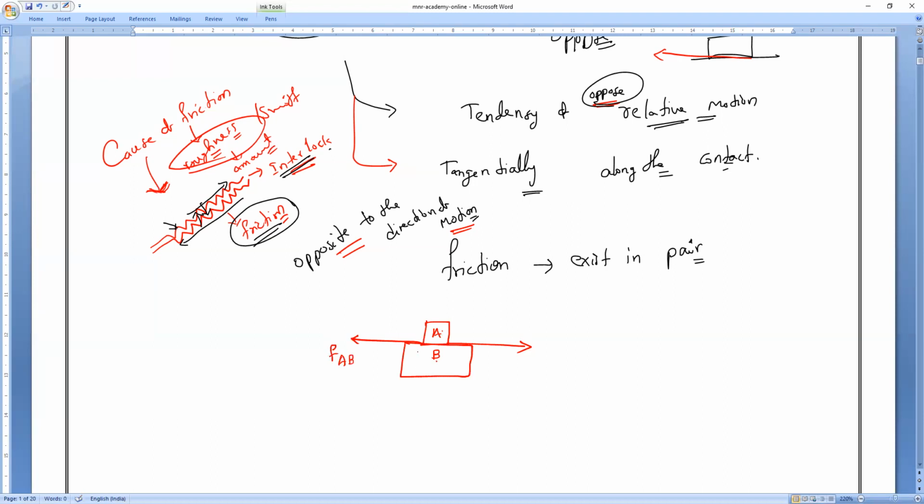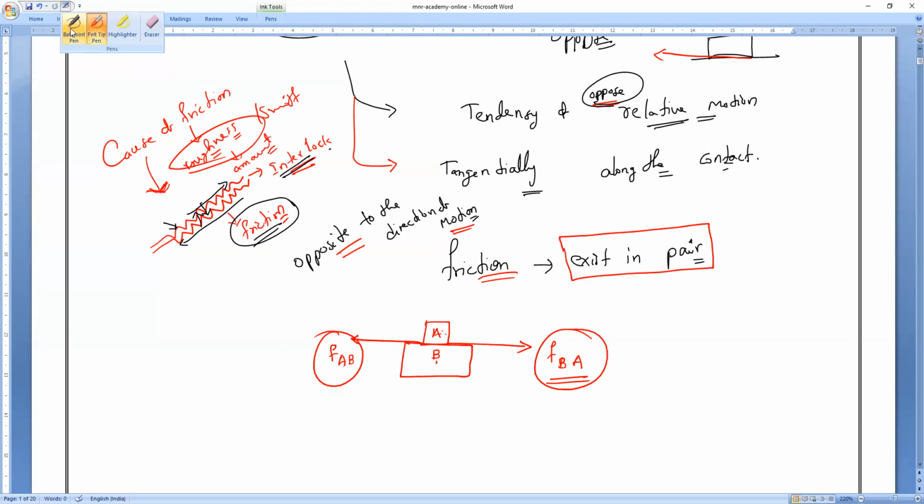The frictional force exerted by B on A is FAB, then the frictional force exerted by A on B is FBA. Do you understand, Pradosh? Yes. So that is the reason we can say frictional force always exists in what? All of you. Pairs. Clear, all of you? Understand? So that is what friction is.